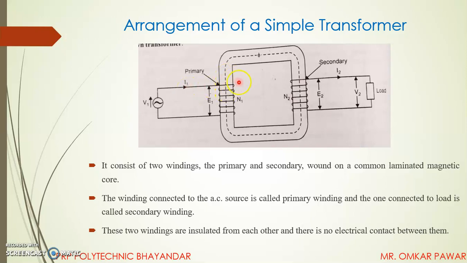The flux generated by this current flows through this magnetic core. This primary flux links with the secondary side of the winding and induces an EMF E2.